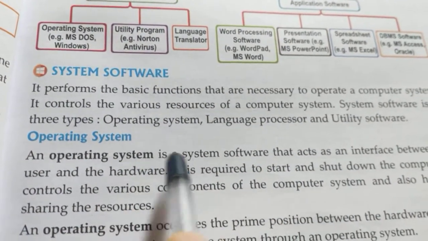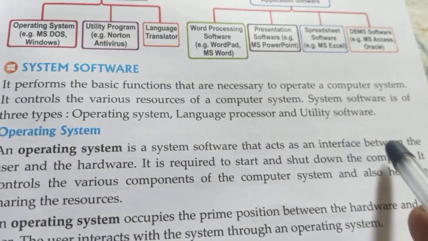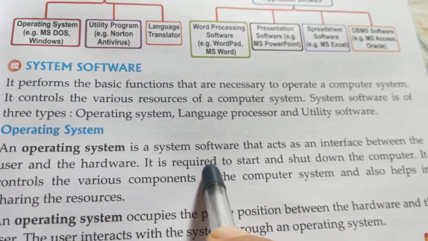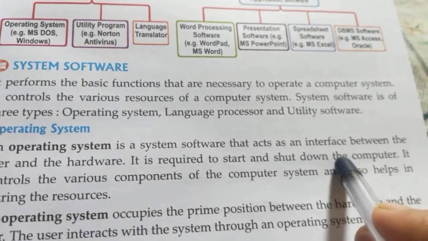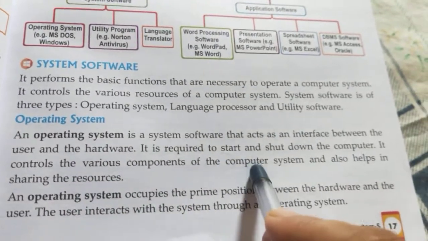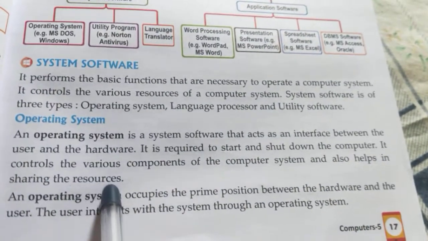An operating system is a system software that acts as an interface between the user and the hardware. It is required to start and shut down the computer. It controls the various components of the computer system and also helps in sharing the resources.